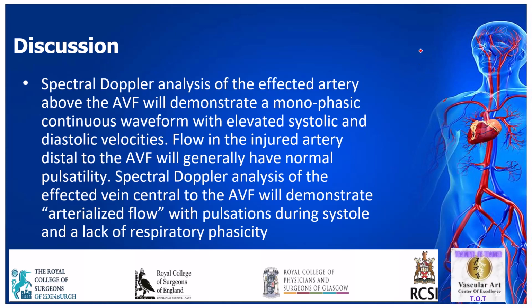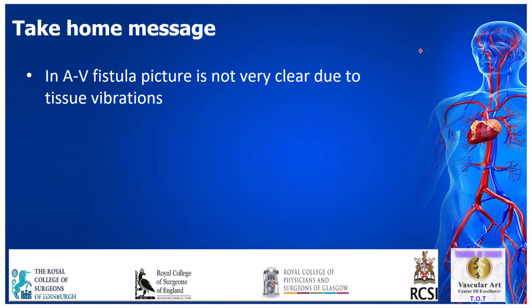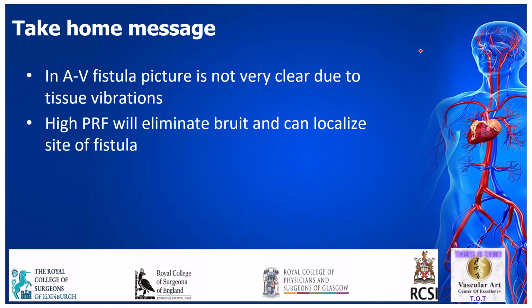You get a diastolic phase in the arterial signal, so it comes like this. So diastole is filling, while distal to the common femoral artery you get a quick upsurge and you don't get diastolic filling. In the venous wave, you get a loss of respiratory variation. So I hope the take-home message from this case is that the arteriovenous picture is not very clear due to the tissue vibration under you, but tissue vibration gives you a clue what it is.